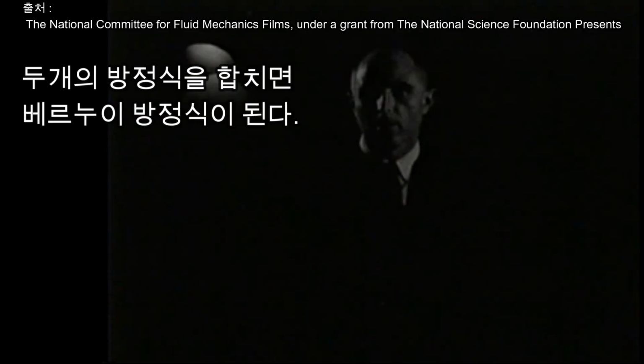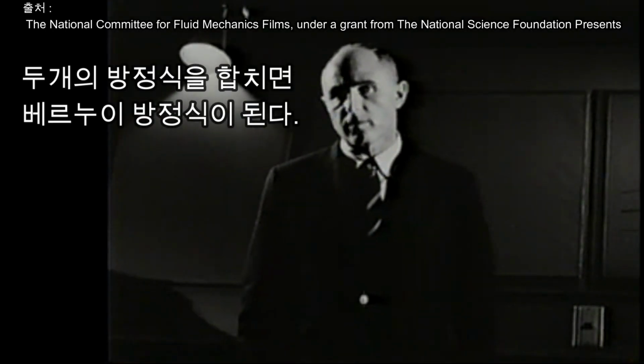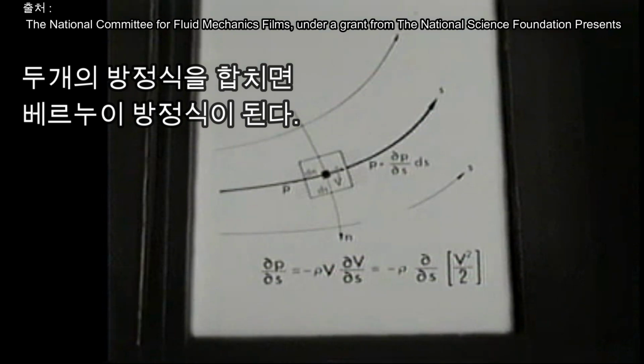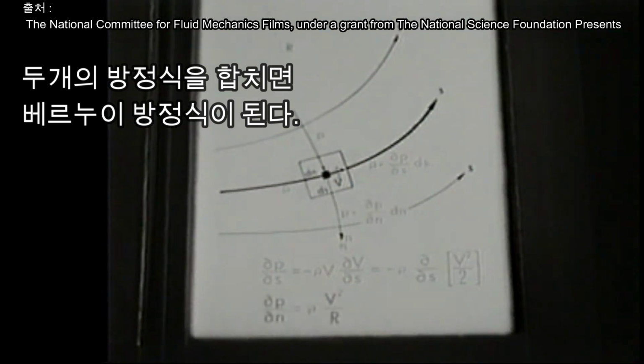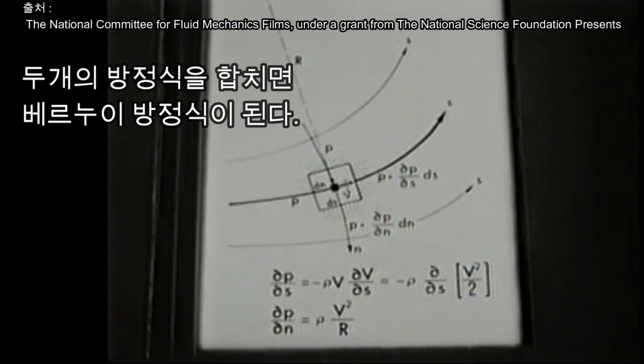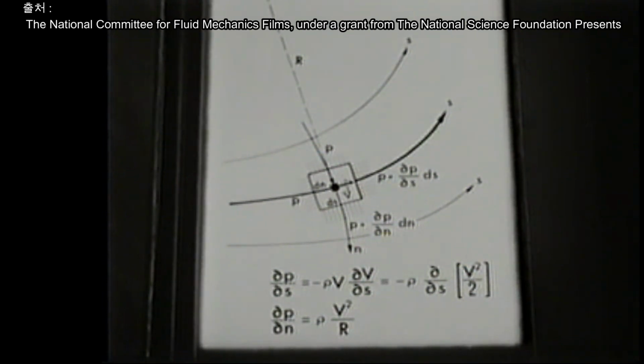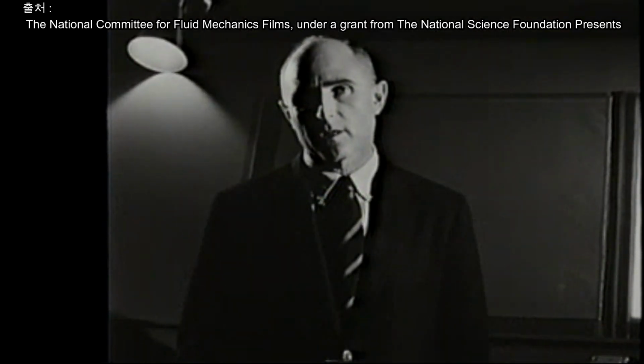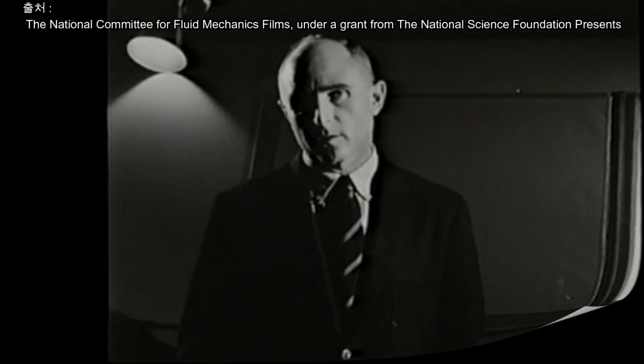So far, we've looked separately at the pressure gradients along and normal to the streamline. To understand a complete flow pattern, however, we must consider both of these. And of course, we must also consider the equation of continuity to ensure that mass is conserved.